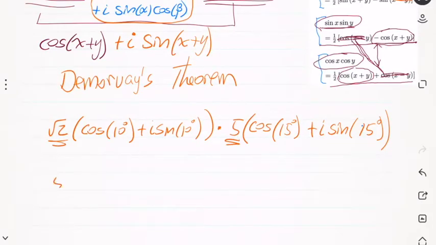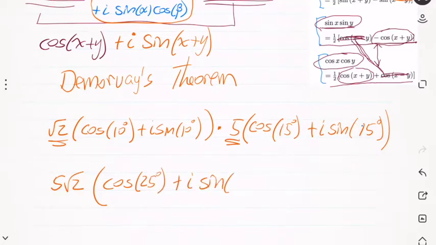So you're going to get 5 square roots of 2 times, and then the angles you're going to add. So 10 plus 15 is 25. So our final answer is this. If they're in trig form, it's really easy to multiply two complex numbers. You don't even have to FOIL. You just have to add the angles and multiply the moduluses.